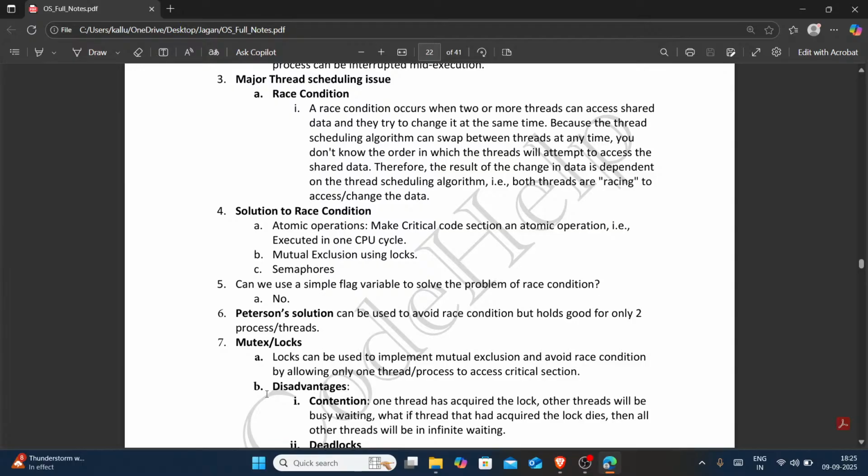If two processes are coming, and the first one wants to access the shared data, when we try to access the data, we will set that flag, saying, hey, I am accessing this shared resource, so make sure that no one else accesses it.